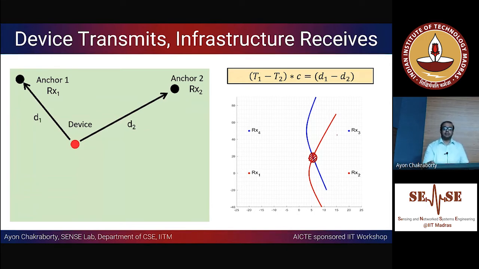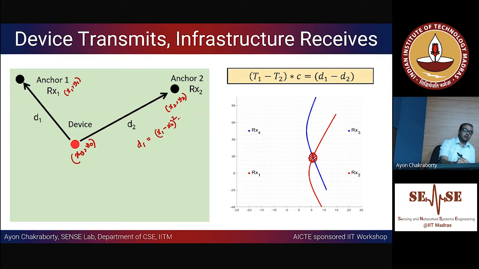Why is the locus a hyperbola? Maybe you can write down the equation and think about it. Say the location of the device is x naught, y naught, the location of anchor 1 is x1, y1, and the location of anchor 2 is x2, y2. What is d1? D1 is the square root of (x1 minus x naught) square plus (y1 minus y naught) square.